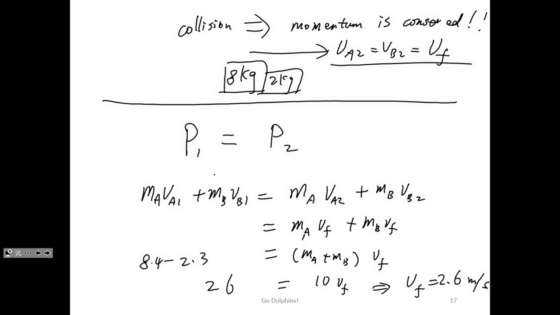That's the final velocity of A and B stuck together and moving together. Okay, now I need to find the final kinetic energy of the system as before.